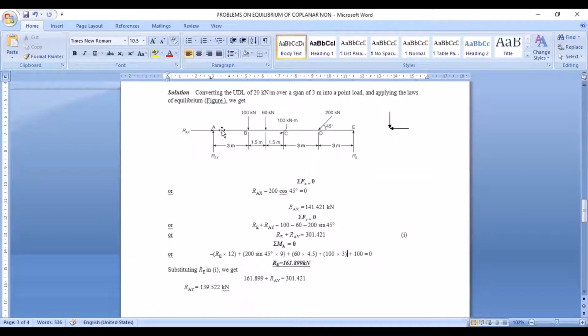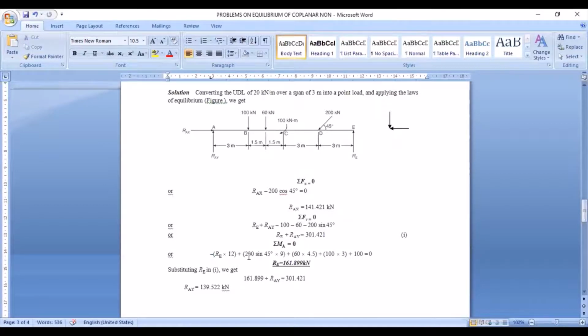It can be seen that it is acting at a distance of 3 plus 3, 6, plus 3, 9, plus 3, 12. So it is acting at a horizontal distance of 12 meters from A. So it is RE into 12. What type of moment is it causing? Thumb on the moment center, move your forefinger in the direction of the force, and if you do so, you find that it is causing an anti-clockwise moment. Therefore, we have given it the negative sign.